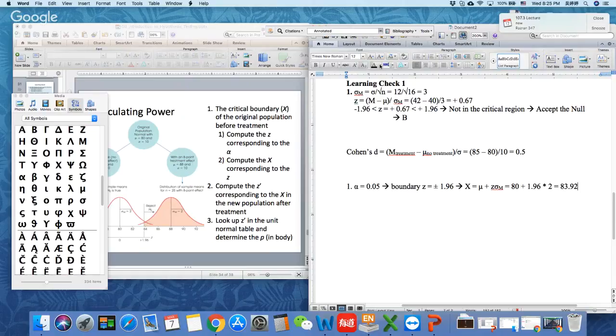This is the upper boundary, and this is our lower boundary. Because we know the M is already greater than mu, we just work on this upper boundary.